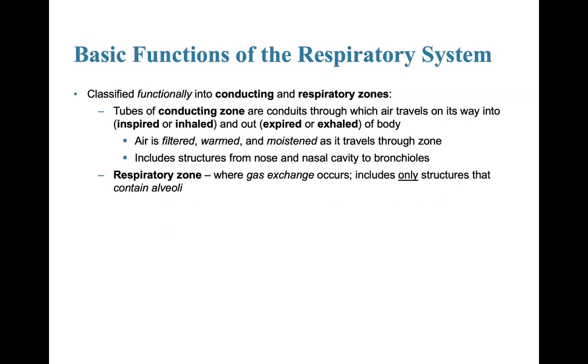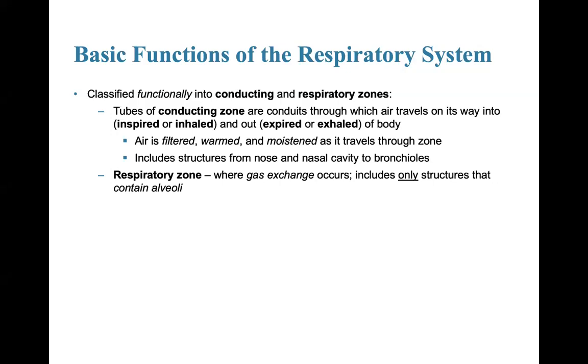We also break up the respiratory system into two functional zones, the conducting zone and the respiratory zone. The tubes of the conducting zone are just that. They are tubes or conduits through which air travels on its way into the body, such as inspiration or inhalation, and out of the body with expiration or exhalation.